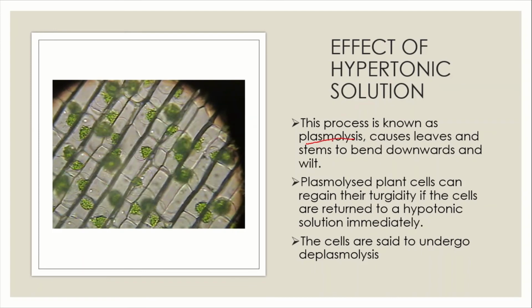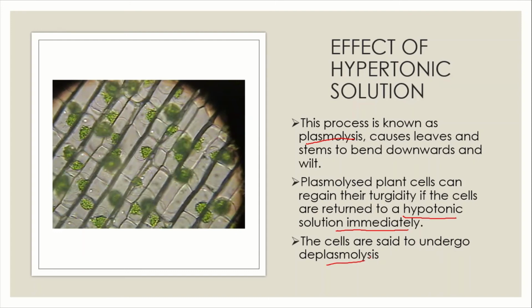Plasmolyzed plant cell can regain their rigidity if the cells are returned to hypotonic solution immediately. The cells are said to undergo deplasmolysis. Okay, contoh kan, kalau kita masukkan plant cell tu ke dalam hypotonic solution.